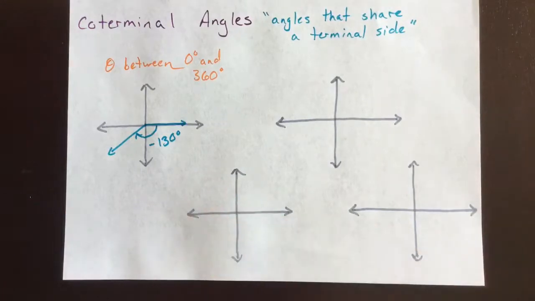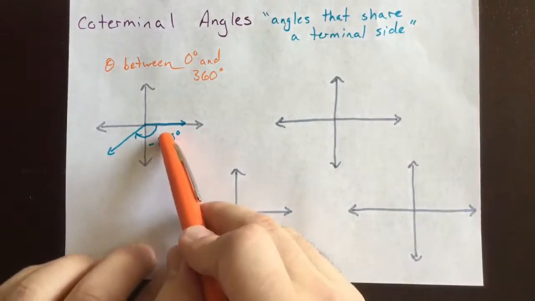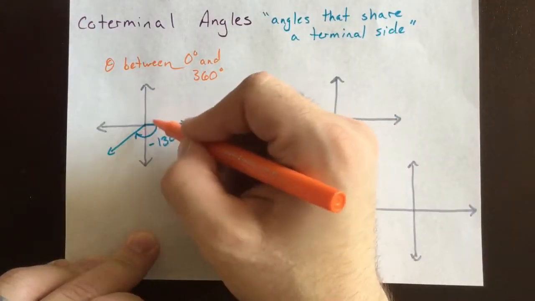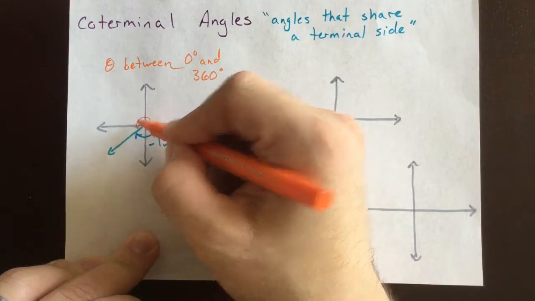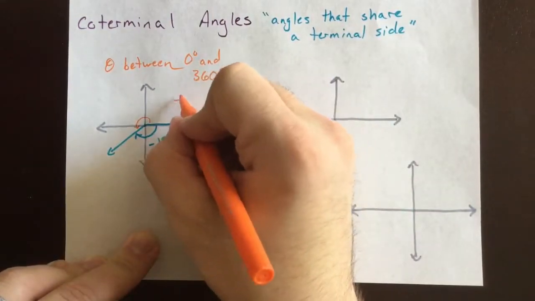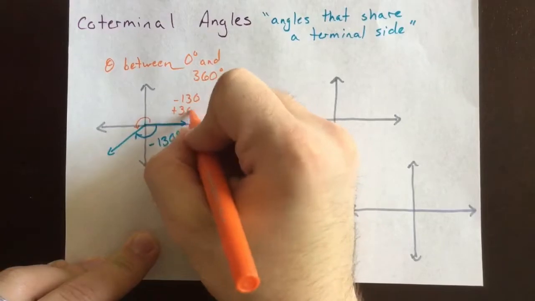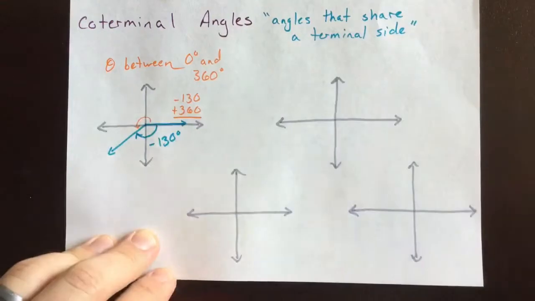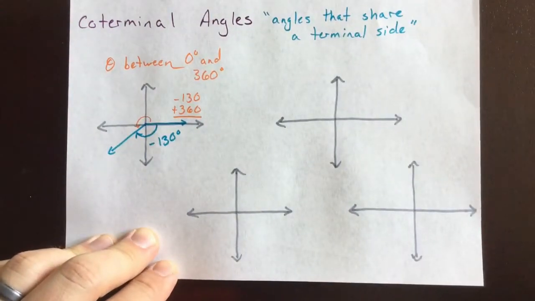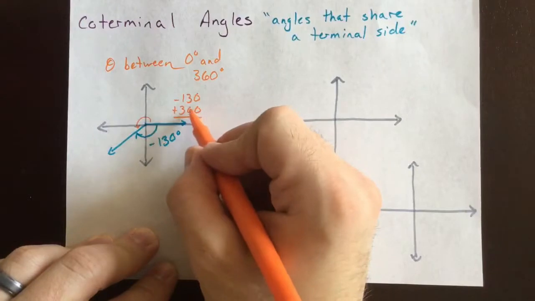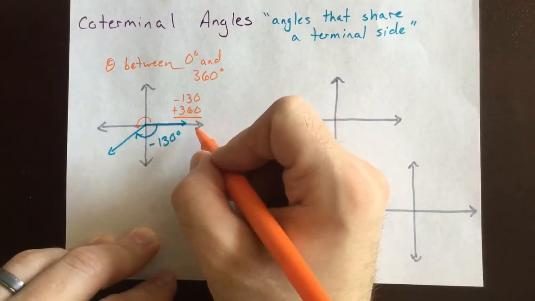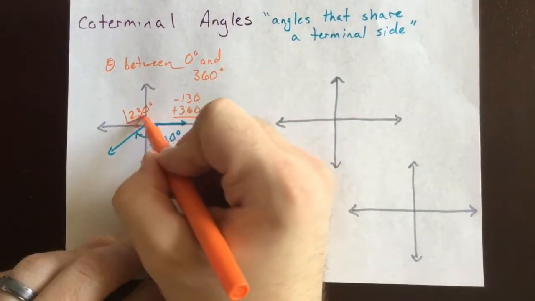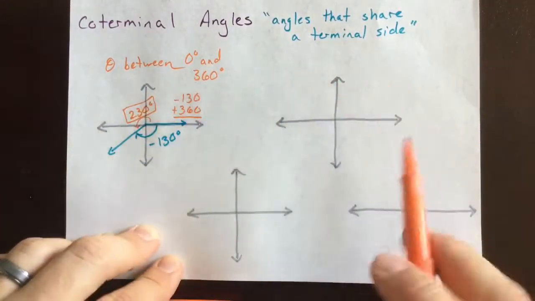So if I desire a positive angle measure, well, I could add 360 degrees to this. That would essentially just bring me back around this way. So adding 360 degrees to this would give us an angle measure in this range. So that would be 360 take away 130, that would be 230 degrees. And that would be a coterminal angle that's between 0 and 360.